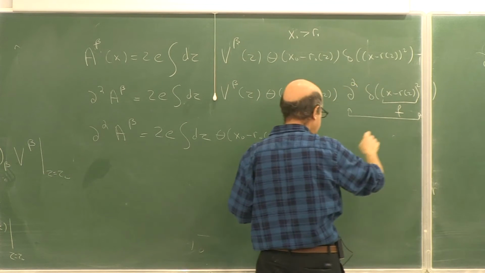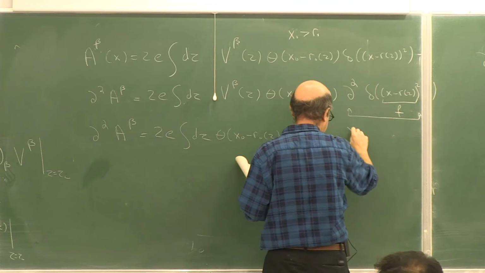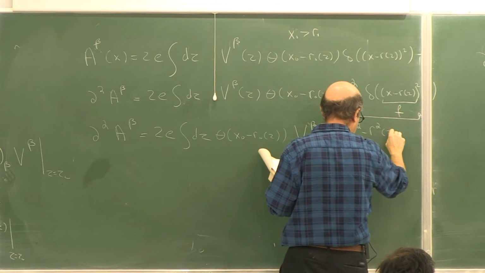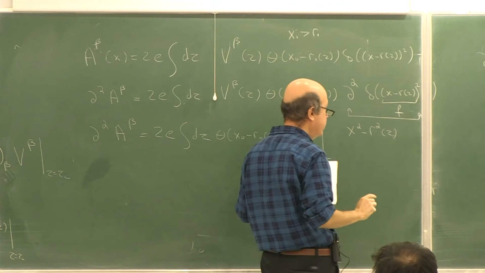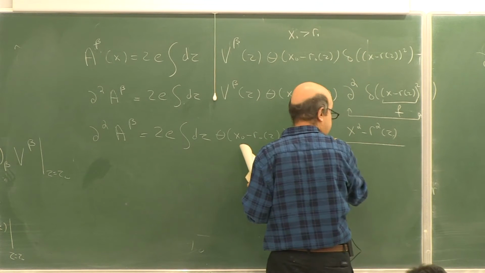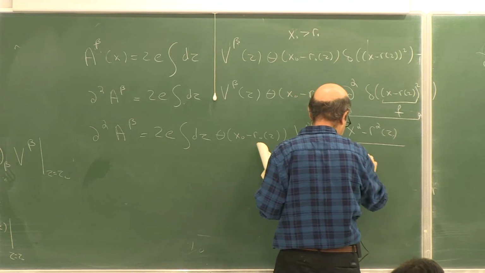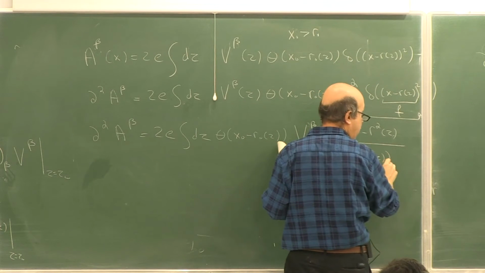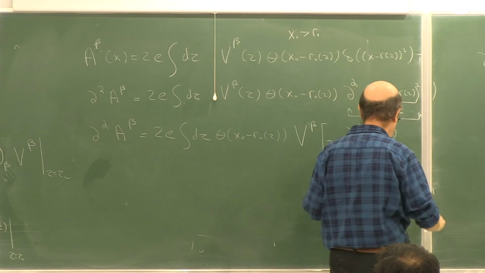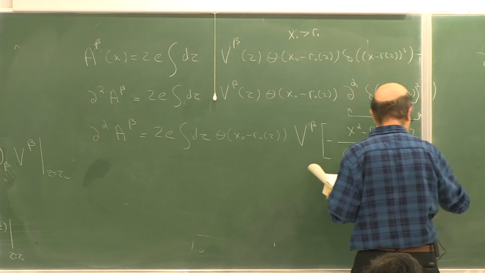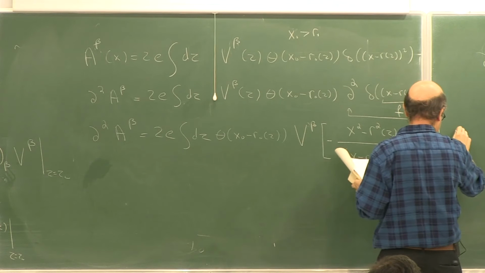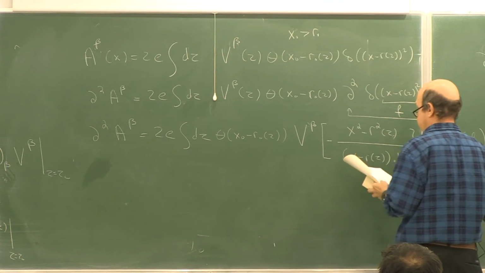What are the values? X alpha minus r alpha of tau, not tau 0 yet, divided by x minus r of tau dot v. The sign is minus, and the next is d over d tau of delta f.